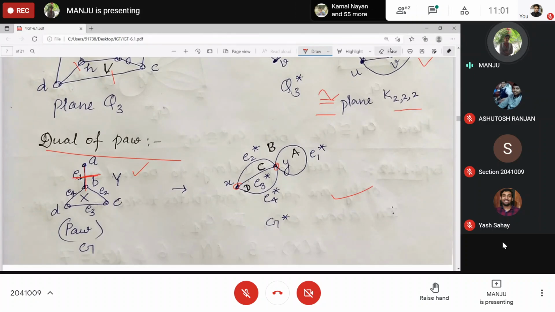If you notice, all the edges present on a cycle become multiple edges, and any edge that is a cut edge or bridge becomes a loop. Every bridge becomes a loop, and all the edges of a cycle become multi edges. Clear?